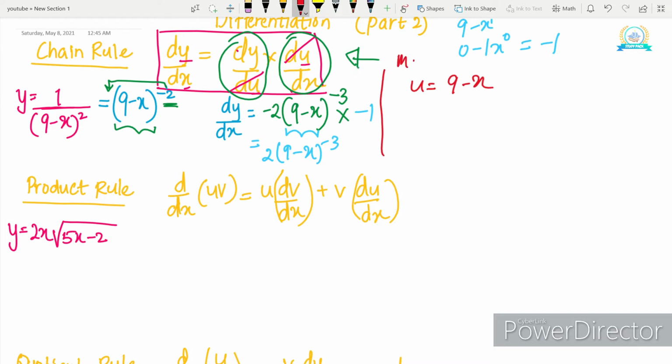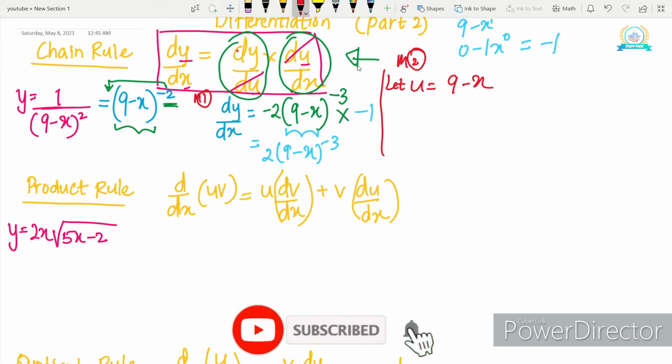This is method 2, and this is method 1. That's how you actually start this method, by defining u, or maybe you can use a or anything, but the commonly used letter is u. So you have to let u be the function inside the brackets.